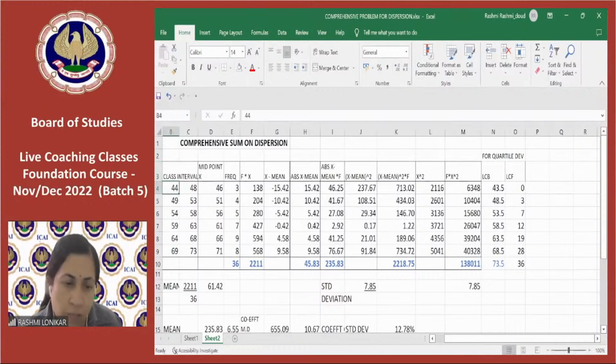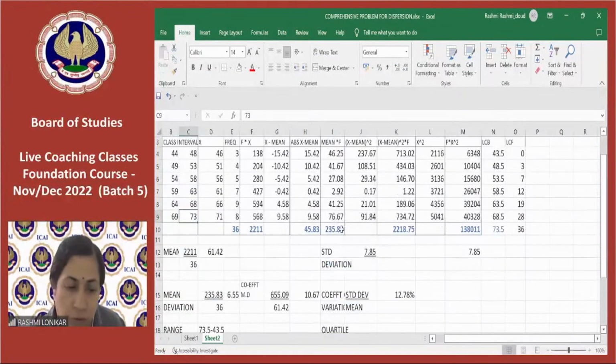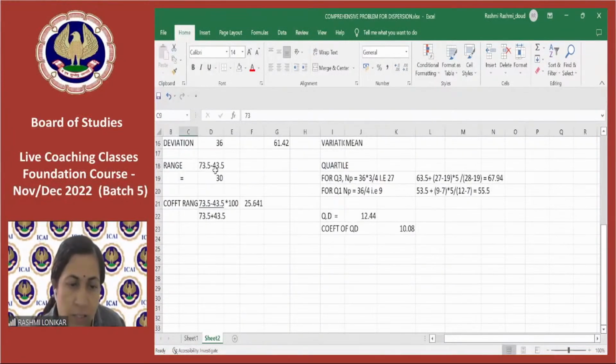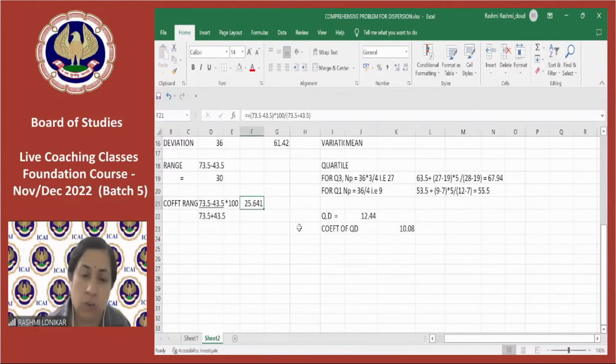So I make the boundaries, and the smallest value here will be 43.5 and the largest will be 73.5. So I have the range as 73.5 minus 43.5, which is 30. The coefficient of range will be L minus S upon L plus S into 100, which gives me the answer 25.641.